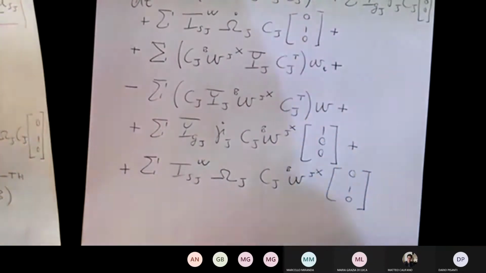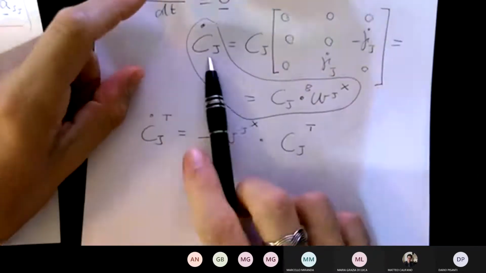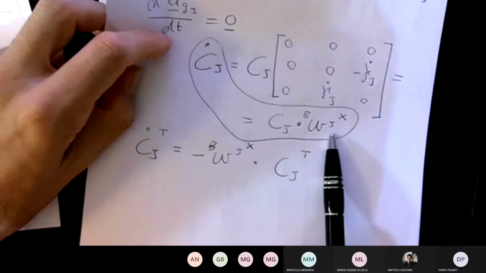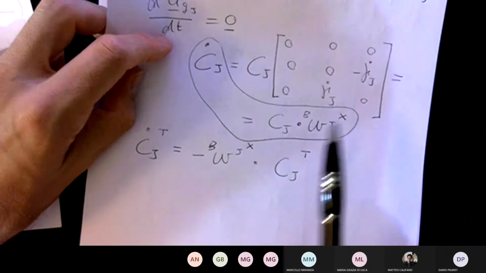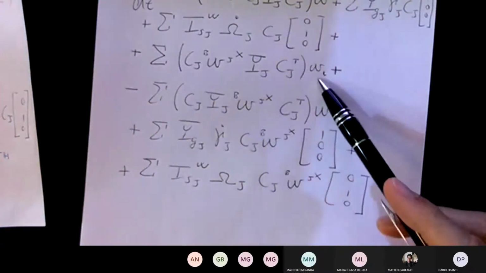So in deriving these expressions, I've used that Cj dot is Cj omega of the assembly with respect to the body skew symmetric matrix, and Cj dot transpose. These are the two expressions that I've used to derive these terms.